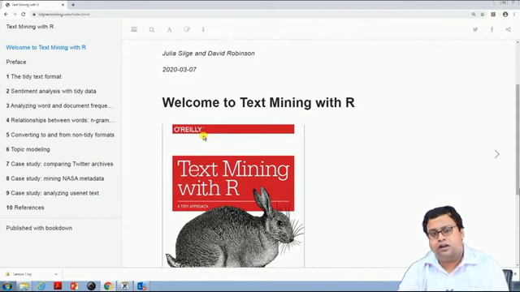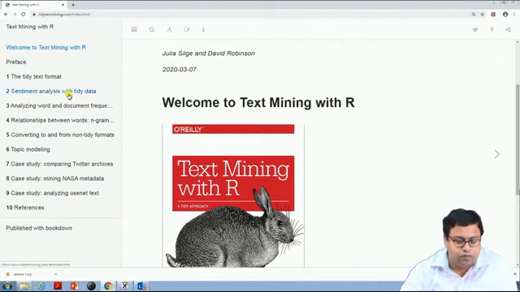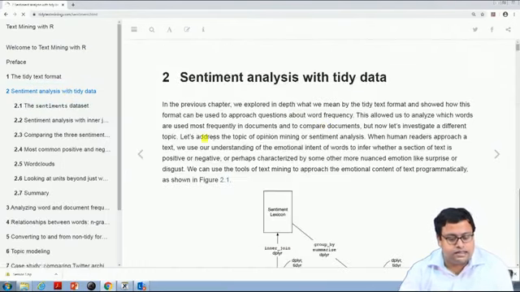There is also the R Cookbook, or cookbook with graphics for R, which are good books to start with R programming. This one is focused only on text mining with R, and we will majorly focus on sentiment analysis with tidy text mining.